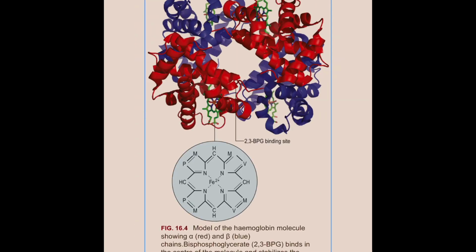This is a model of the hemoglobin molecule showing the alpha red and the beta blue chains. 2,3-bisphosphoglycerate, 2,3-BPG, binds in the center of the molecule and stabilizes the deoxy form, formed by cross-links in the beta chain: methyl, propionic acid, and vinyl.